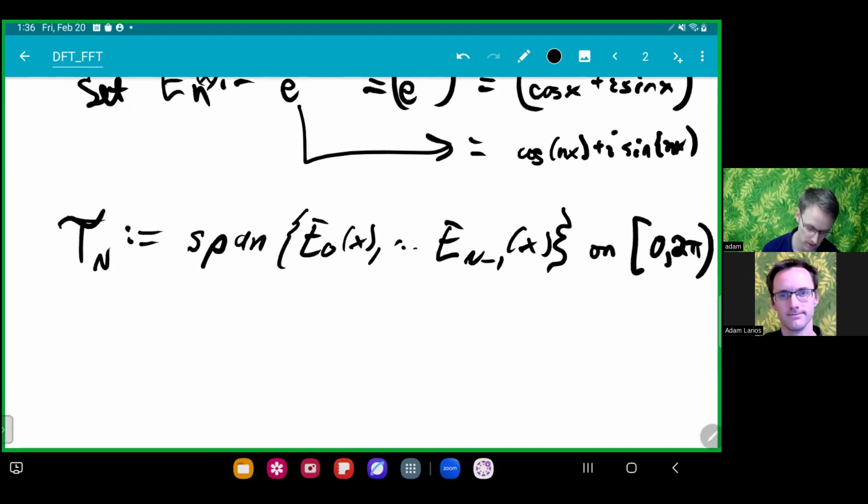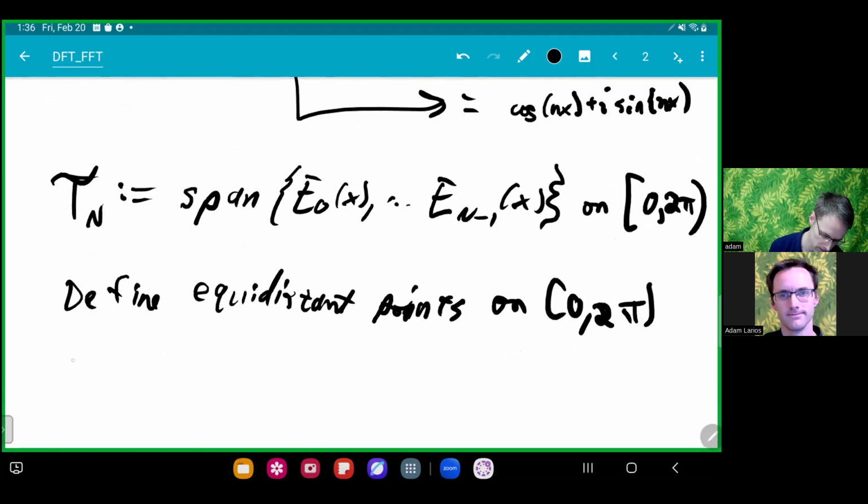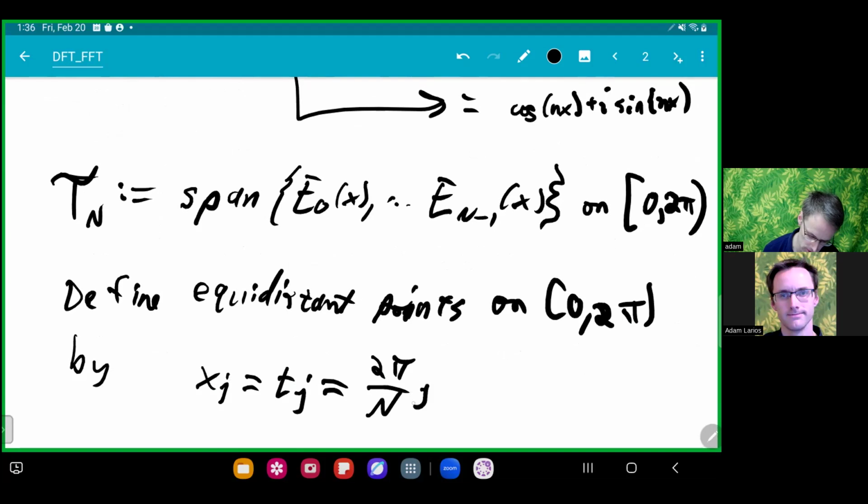All right, let's also define some equidistant points on this interval, 0 to 2 pi, by x_j, and sometimes I'll write them as t_j, and we'll take 2 pi over n times j, where here j goes from 0 up through n minus 1.